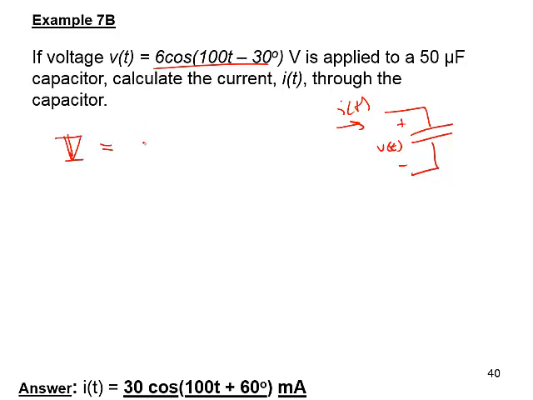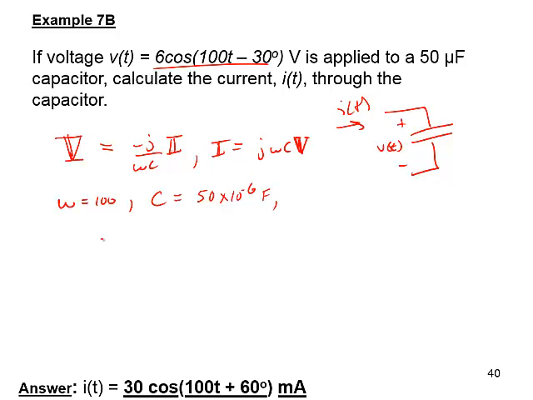Well, we know that V equals minus j over omega C times I, or I equals j omega C times V, depending on how you deal with that j. Again, omega equals 100, and C equals, in this case, 50 microfarads, so 50 times 10 to the minus 6.